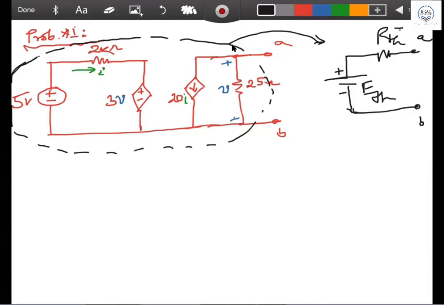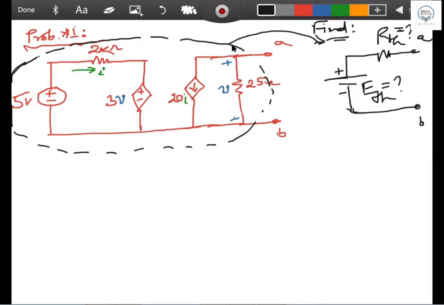You have to find the value of R Thevenin equal to what, and E Thevenin equal to what? That's it. So this is your question: find the Thevenin equivalent. I'm just writing it in short.